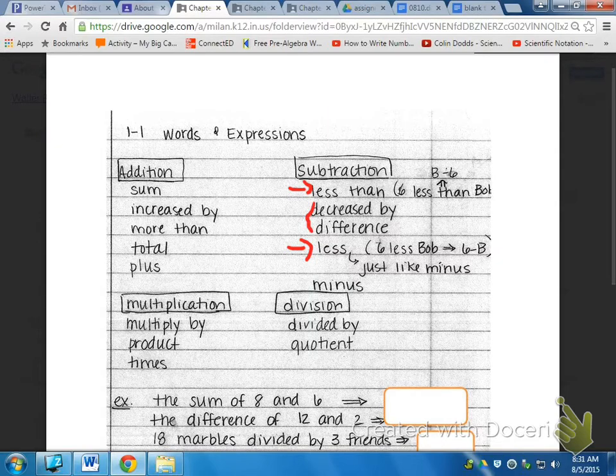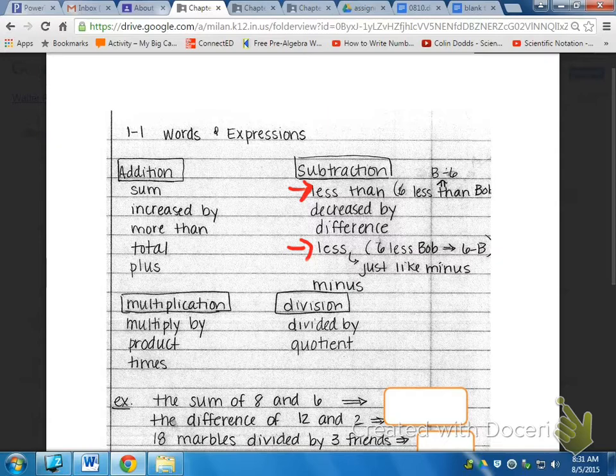Those mean subtraction, even if they come right out and say minus. So that's where you do subtraction. The two that I have arrows by always worry me because of the tricky way that it's worded, and they're only different by one word. What's the one word that they're different by?